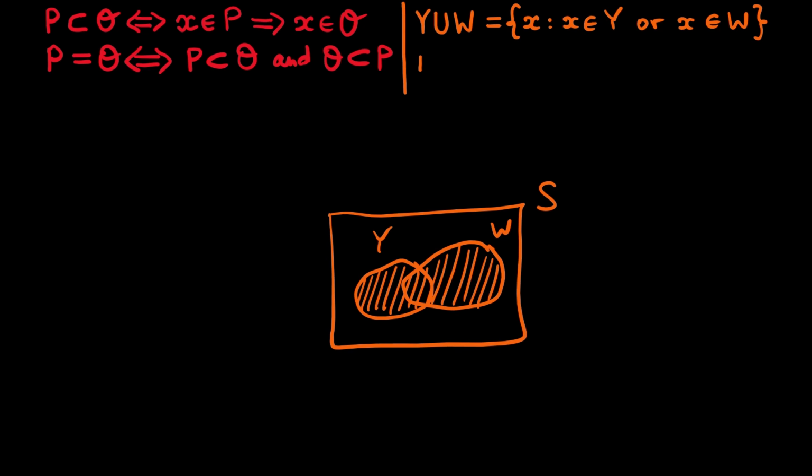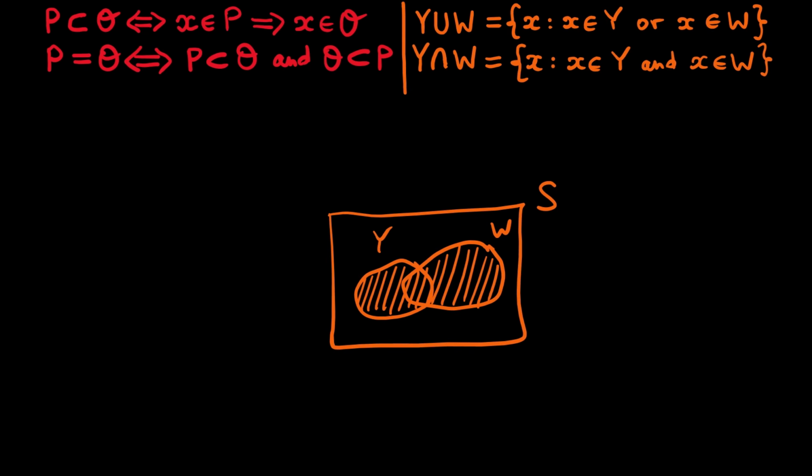Okay, so there's that. Now let's look at intersection. What does it mean to take the intersection of two sets? It means to select the elements that are included in both. So inclusion in both sets is necessary.